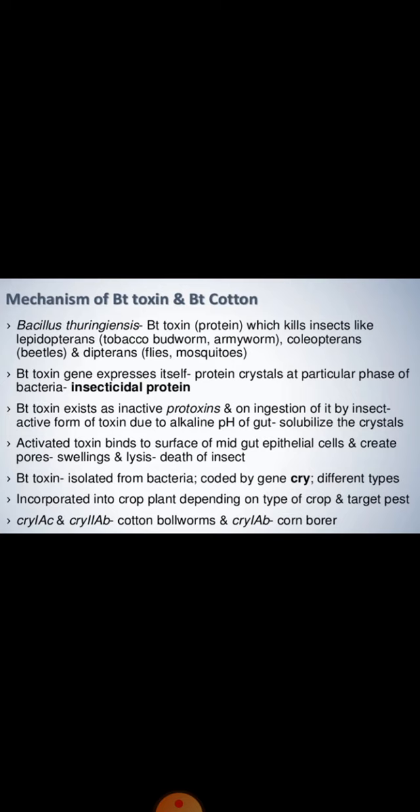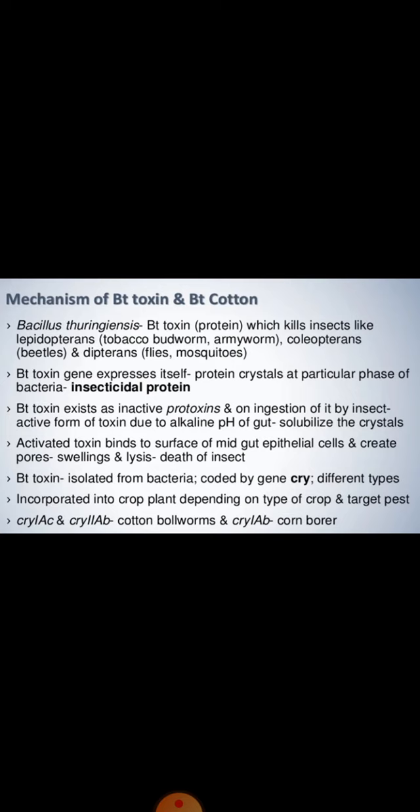For example, Bt cotton, Bt corn, rice, tomato, potato, and soybean, etc. These are a few plants which are made with the use of biotechnology, and they reduce the use of insecticides.